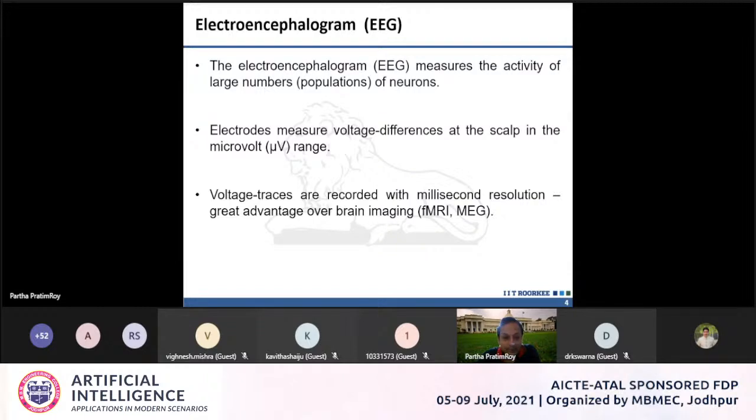So EEG, or electroencephalogram, measures the activity of a large number of neurons.